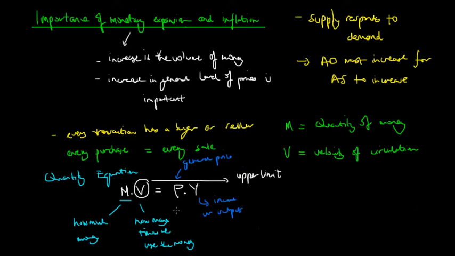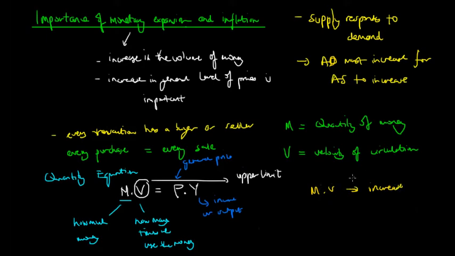And so since aggregate demand, or expenditure, is related to this idea of P times Y and M times V, which is money times velocity, we can see that for aggregate demand to increase, since we're using demand side management policy, for aggregate demand to increase aggregate supply consequently, then M times V must increase.